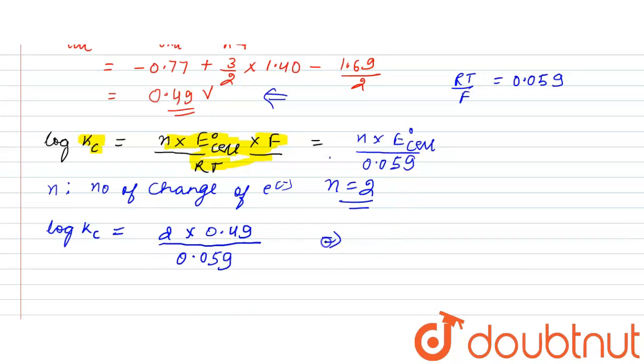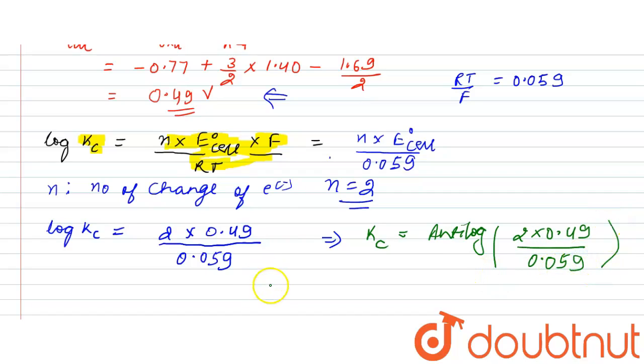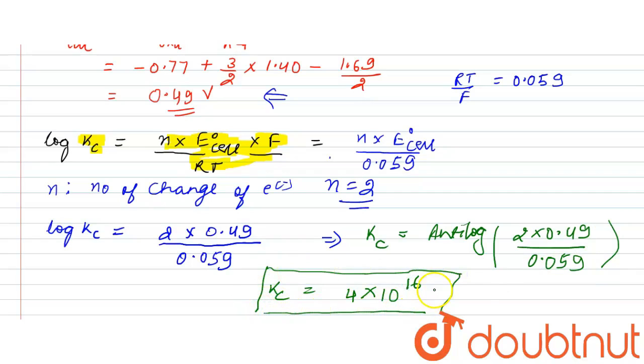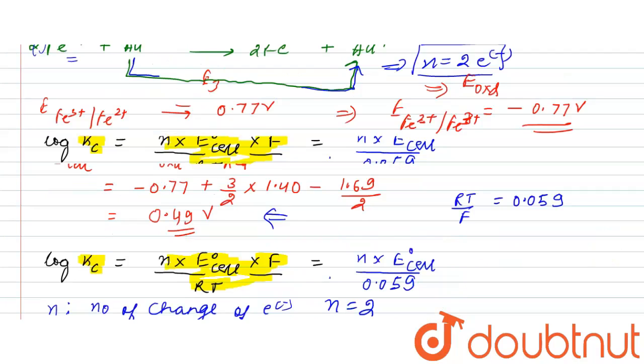So from here you can calculate the value of Kc as the antilog of 2 into 0.49 divided by 0.059. So the value of Kc will come out to be around 4 into 10 to the power 16, right? This will be the value of Kc, and this is our required answer. So let's check which option is correct.